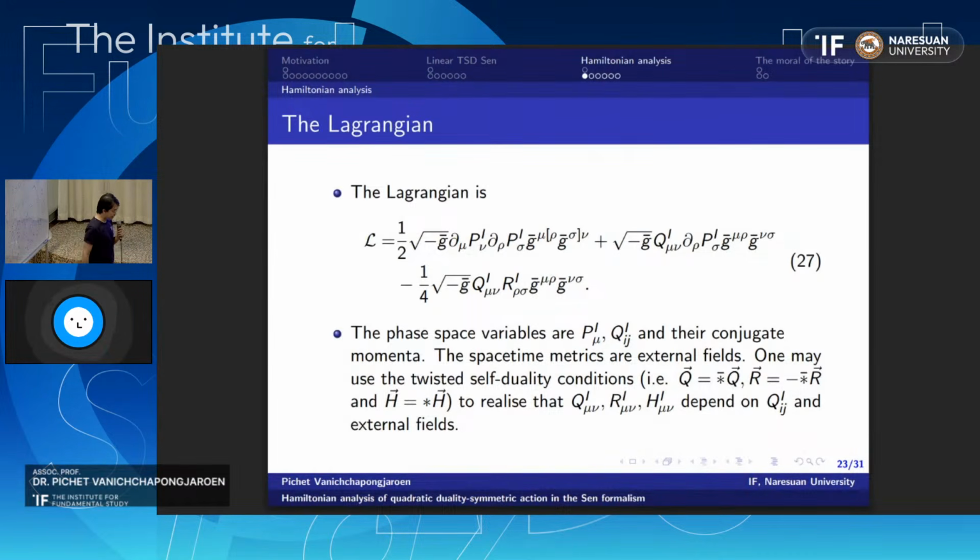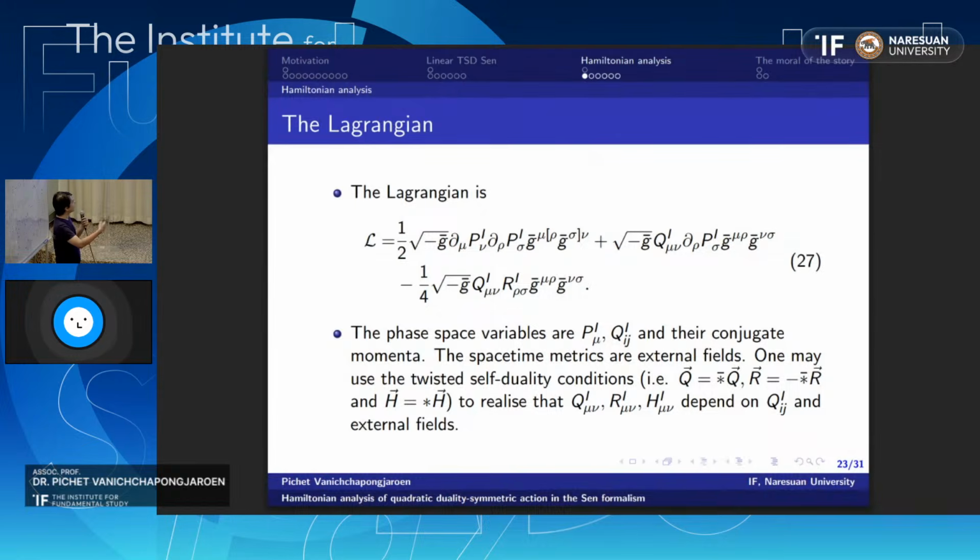So let us now work on the Hamiltonian analysis. Let us rewrite the Lagrangian in a more ready form. Still not totally ready, but this is the form that is going to be useful. And the phase space variables are the Pi mu and the Q_ij, because we have to use the twisted self-duality condition to restrict some of the components of the Q, so it's not totally a general two-form Q mu nu.